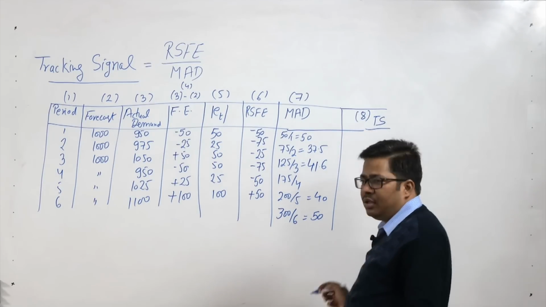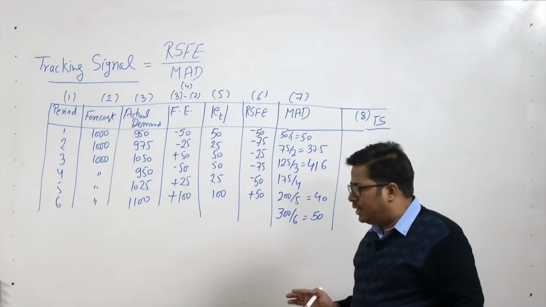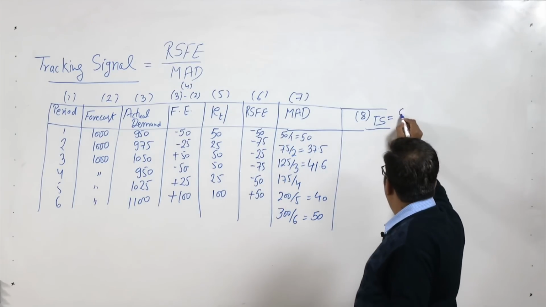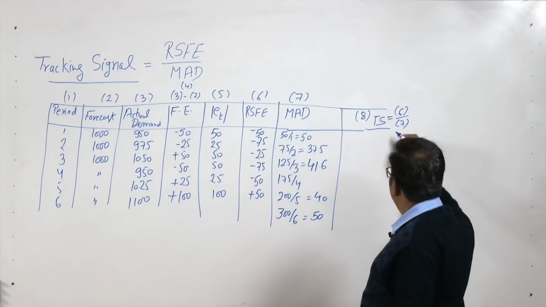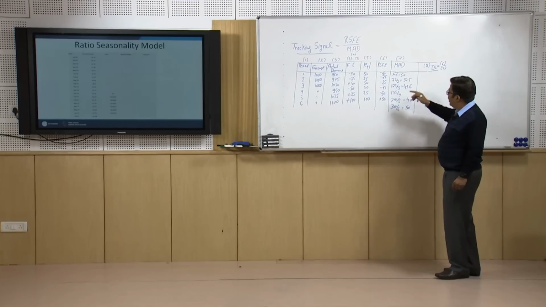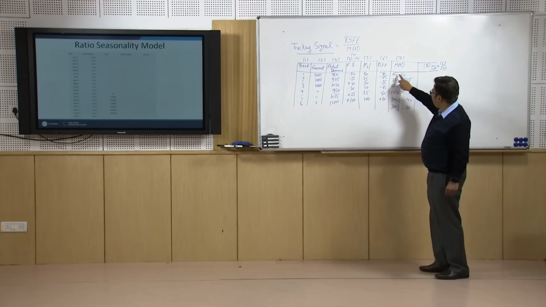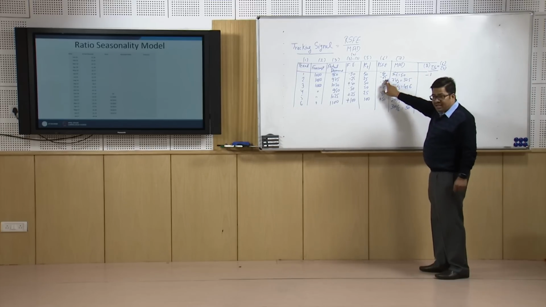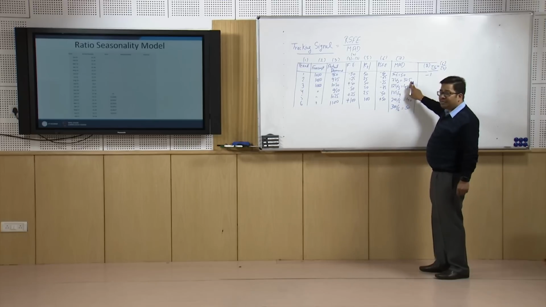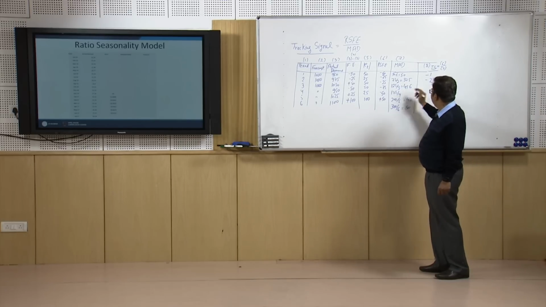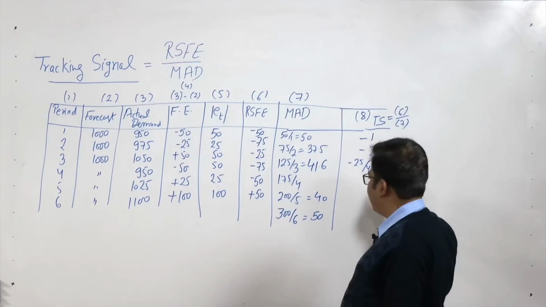Then in column number 8 we calculate the values of tracking signal, and that will be determined by dividing the values of column number 6 by the values of column number 7 respectively. Minus 50 divided by 50, you get minus 1, minus 75 divided by 37.5, you get minus 2, then minus 25 for the third period divided by 41.6.